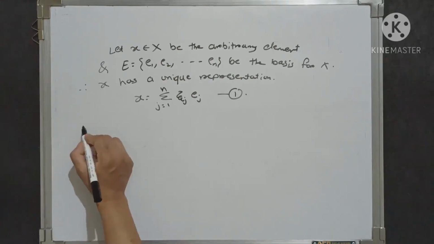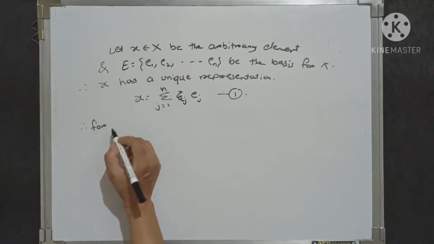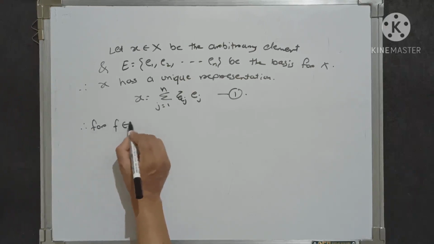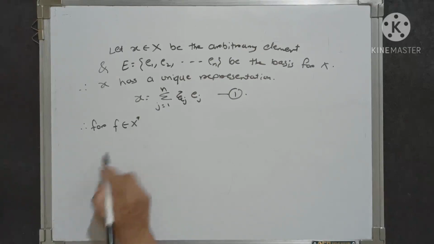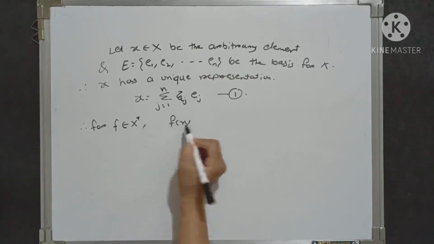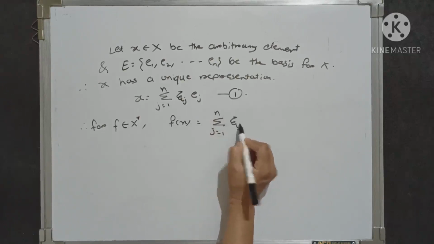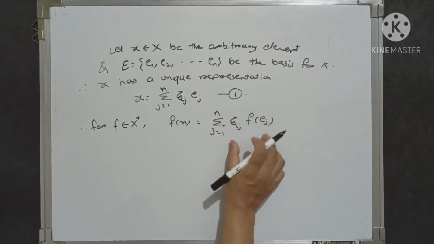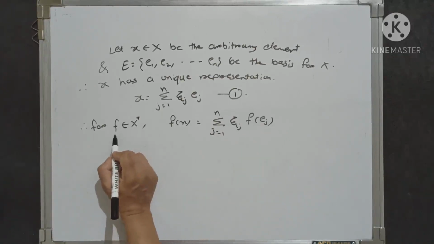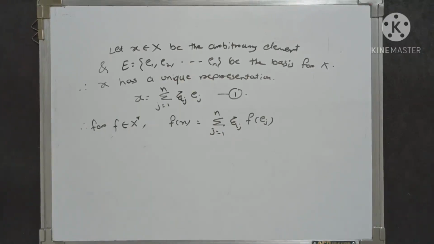Therefore, for f belonging to X star, starting with an arbitrary element of X star, we get f of x equals the summation j from 1 to n of xi j into f of ej. We write this directly because f is an element of X star, the set of all linear functionals on X, and therefore f is linear.